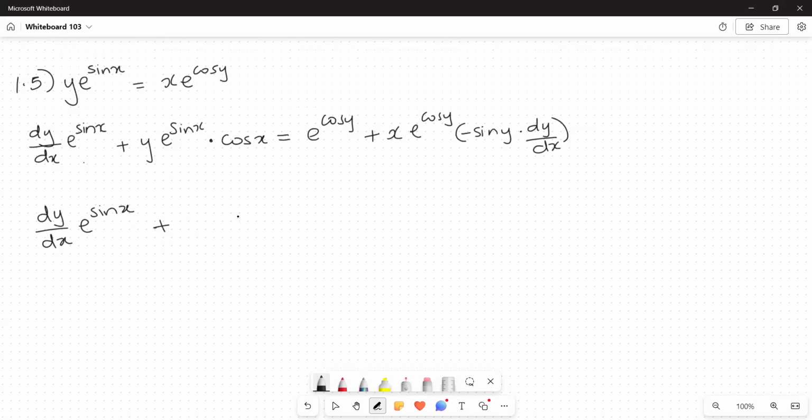So I have plus x sine y e to the power of cos y dy/dx. This is equal to, this one remains on this side. And then when this one comes over to that side, it becomes negative.